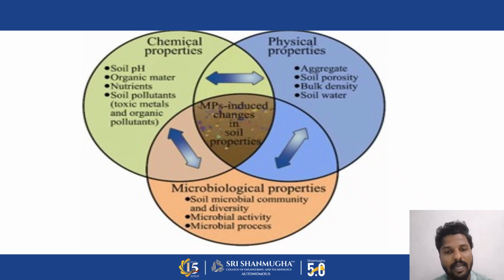So these double-headed arrows connecting the circles emphasize that a change in one property category inevitably leads to changes in the other properties. For example, physical property changes in the form of physical compaction will lead to reduced aeration, affecting microbial activity and chemical nutrient solubility.